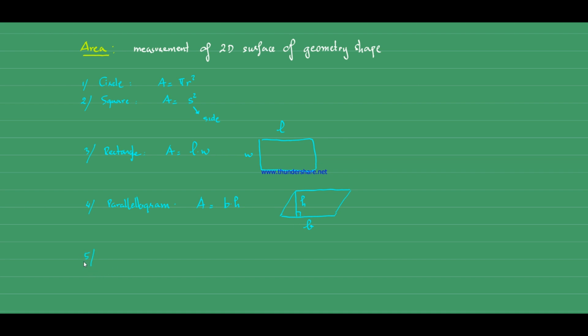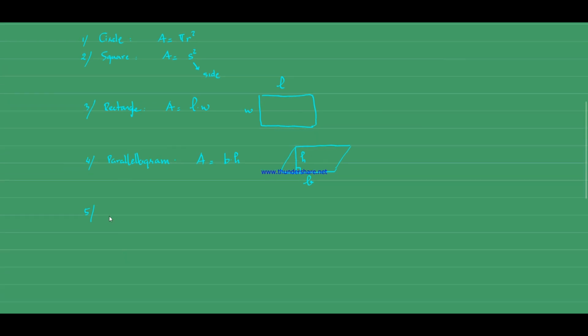All right, what else? Oh, we need the area of the triangle also. The area of the triangle is 1/2 base times height, and this is the area of any triangle. Let's say I have a random triangle like this.